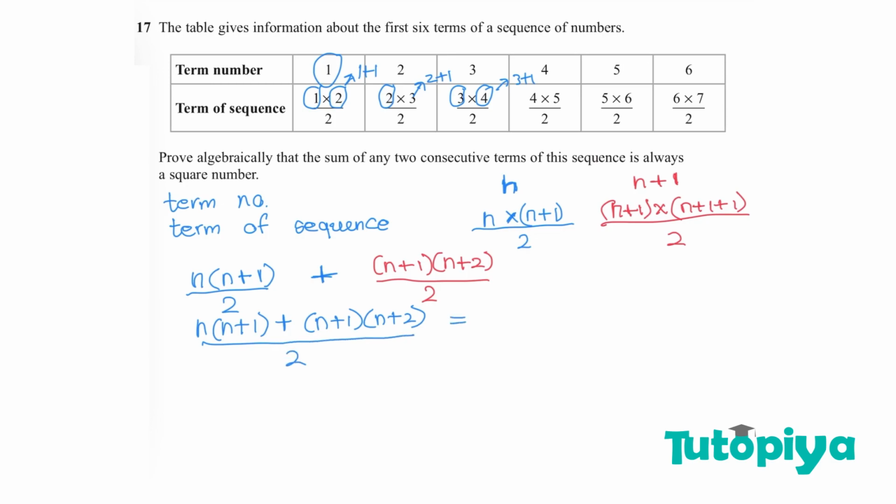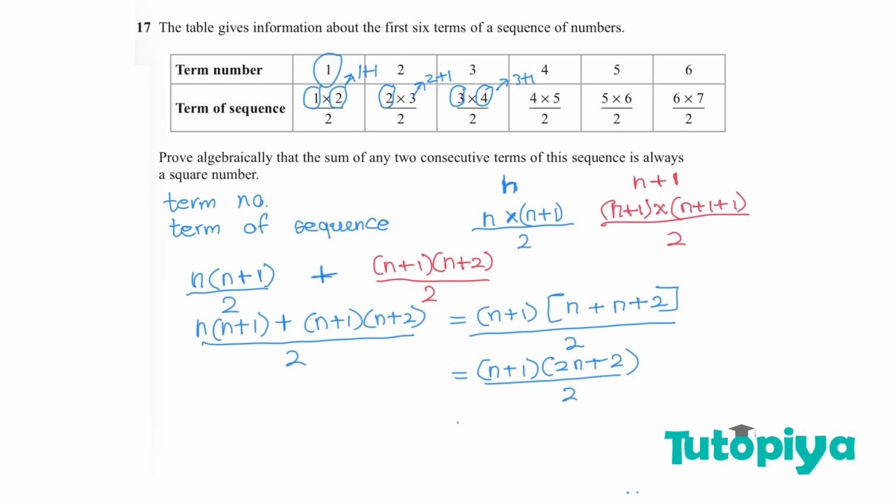Then we can take out a common n plus 1 here, so (n plus 1) times the bracket n plus n plus 2, all over 2. This simplifies into (n plus 1)(2n plus 2) over 2. And this again simplifies as (n plus 1) times, I'm going to factorize the 2 out here, 2(n plus 1) over 2. The 2's are going to cancel, leaving me with (n plus 1) squared.